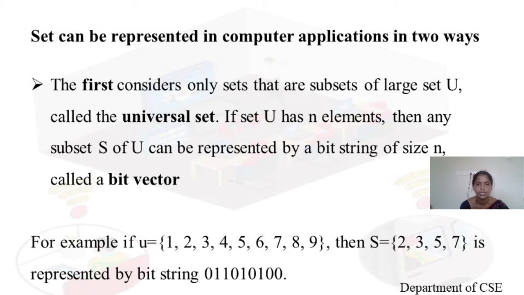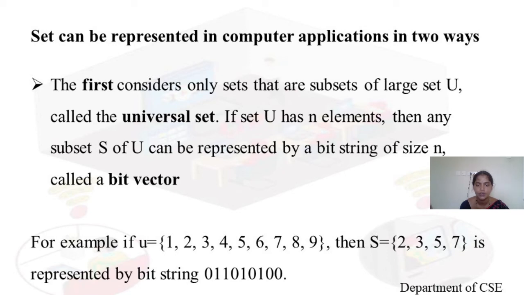For example, if you have a universal set U equal to 1, 2, 3, 4, 5, 6, 7, 8 and 9, then a subset S with the elements 2, 3, 5 and 7 can be represented by a bit vector or bit string. Since 1 is not present in the subset, in place of 1 we have the bit value 0.